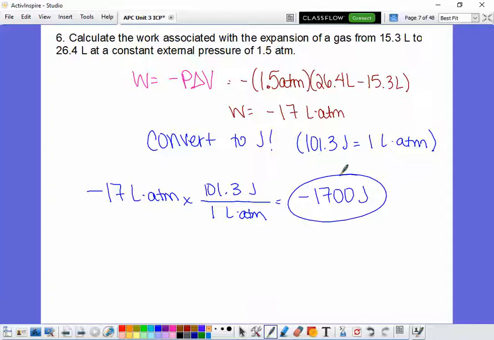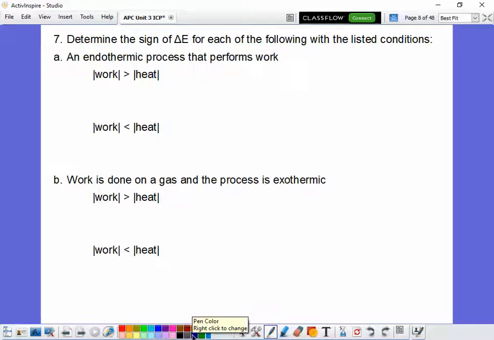All right, so now let's talk a little more conceptually. Or I guess not necessarily conceptually, more mathematically. Being able to predict what your answer should be and do some of this mental math is really useful for multiple choice questions. Okay? So we're going to determine the sign of delta E for each of the following with the conditions listed.